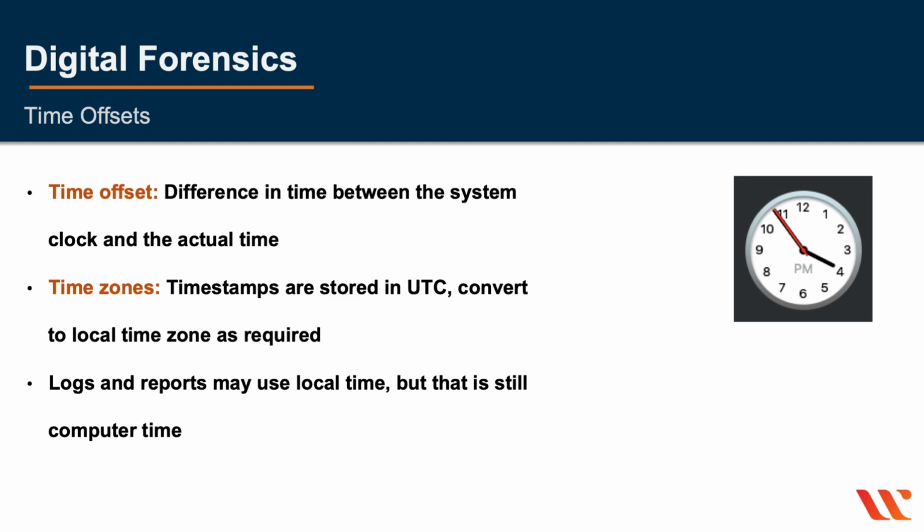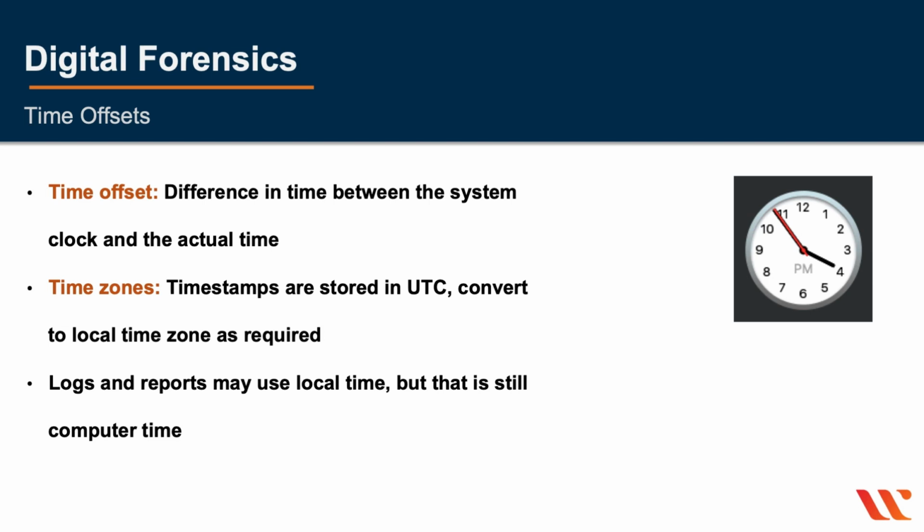These timestamps are also stored in UTC, as we saw in the example, and they are converted to local times and the local time zone as required. So if you're looking at a final report that's summarized, then you might just see the timestamp there, which is based on the local time, or it can be based on some other time.